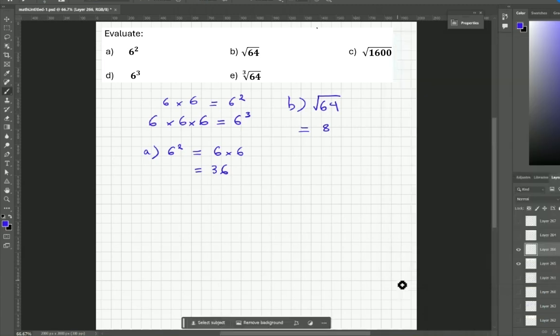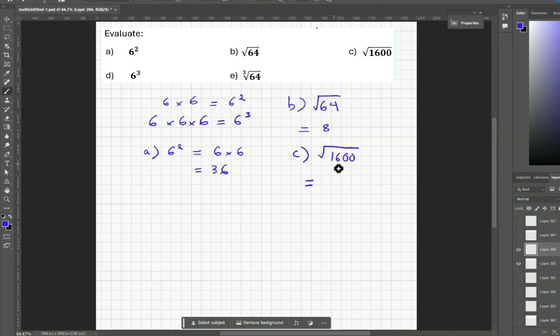Alright, so let's look at C. Now, C is the square root of 1600. There's a very easy way to think about this. We know that 4 times 4 is 16, so we know that 40 times 4 is 160.